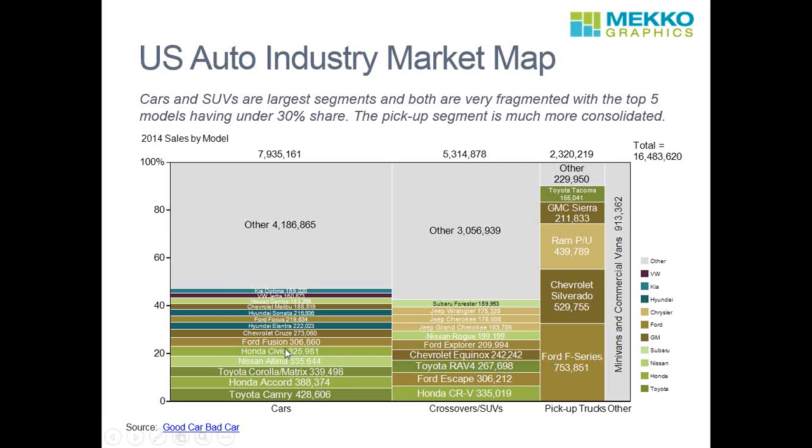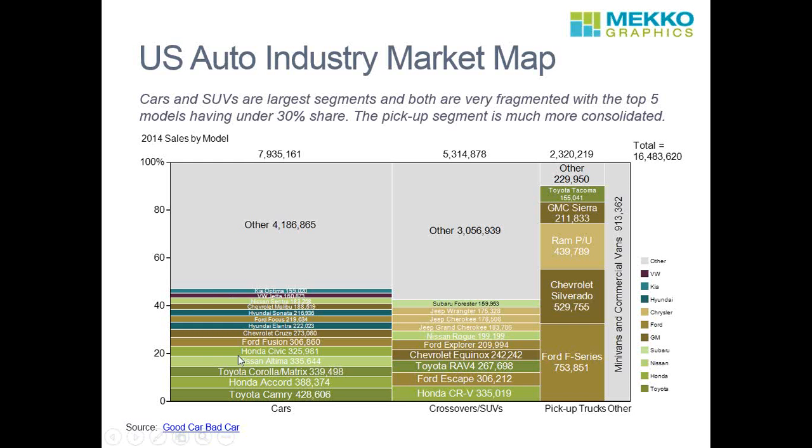So the green shaded manufacturers are Japanese, the brown shaded manufacturers are American, and then I've got Hyundai in blue and a little VW segment, my only European manufacturer to make the chart, in purple.